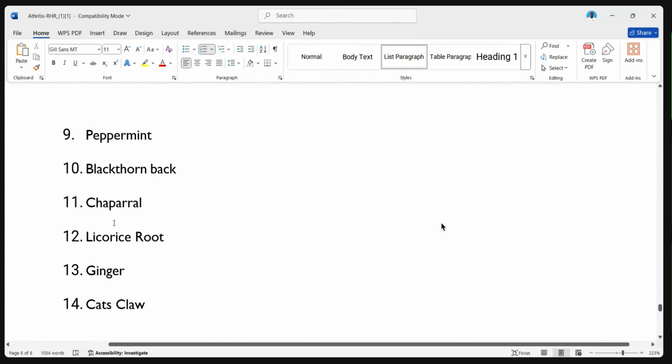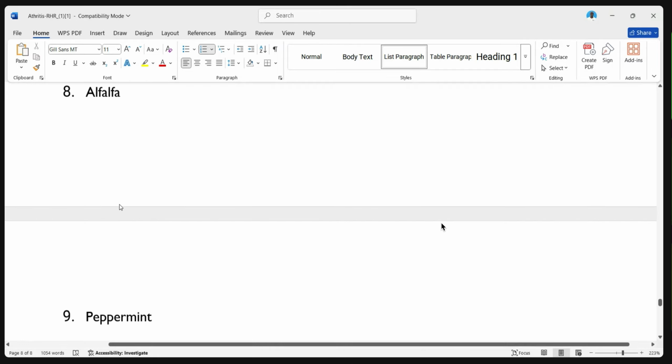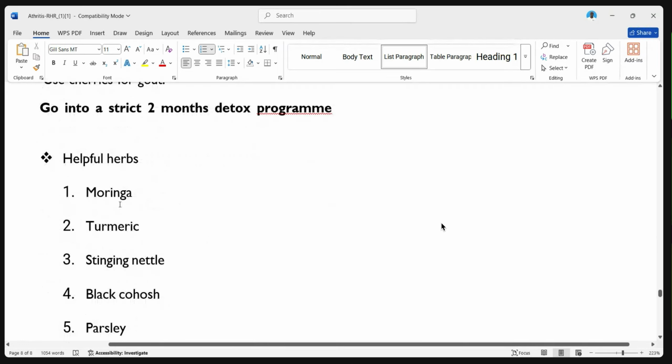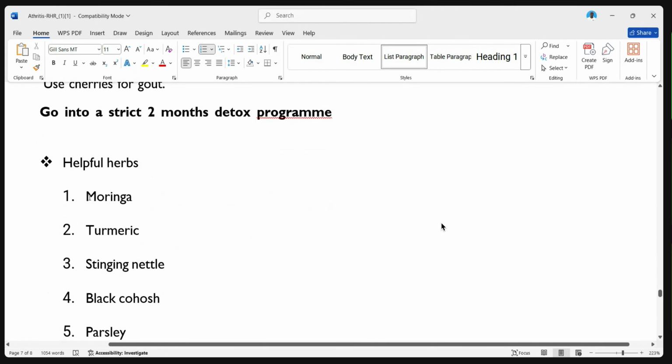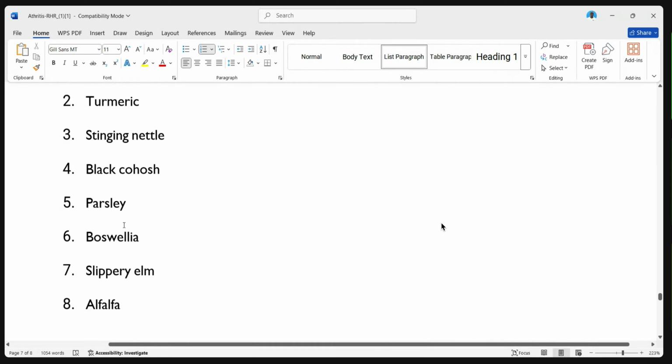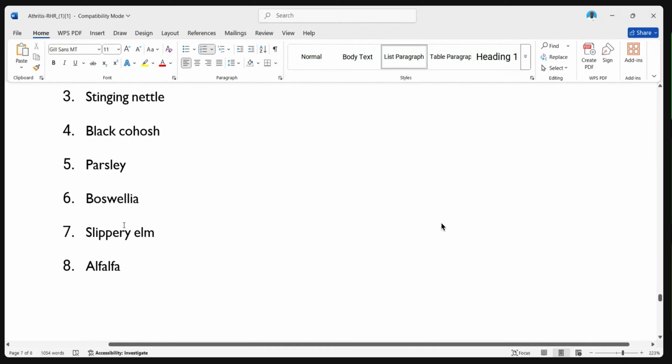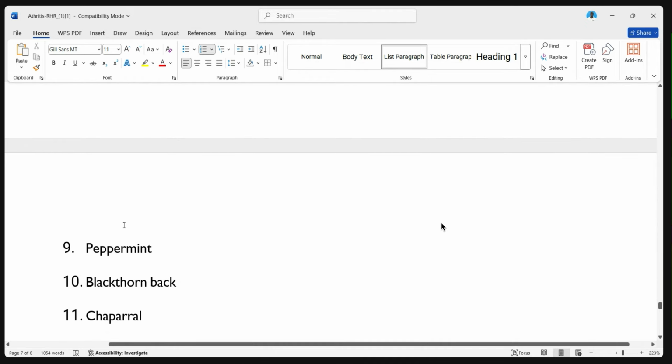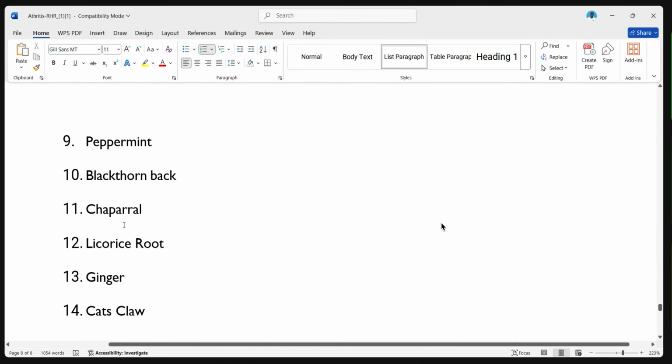If you ask me today, this would be my combination. Yangu iko na ginger, iko na turmeric kidogo, iko na stinging nettle nyingi sana, iko na slippery elm, alfalfa nyingi, and then nimeweka ginger na turmeric na cayenne.